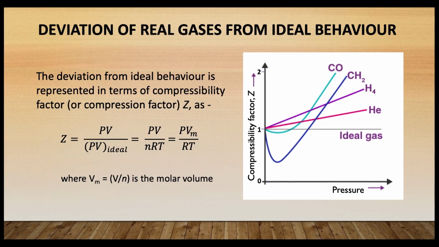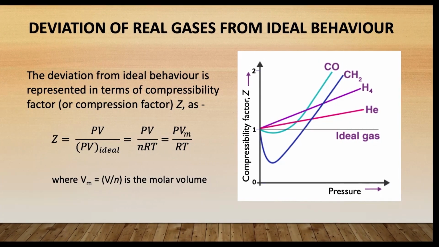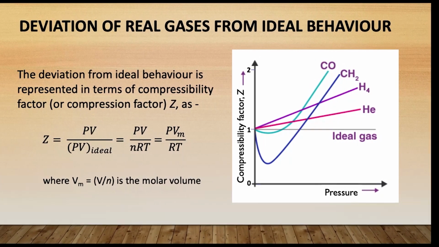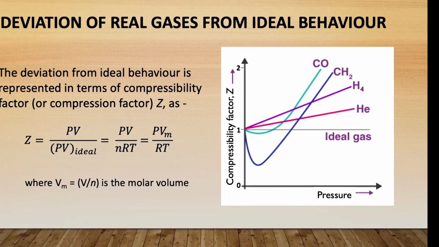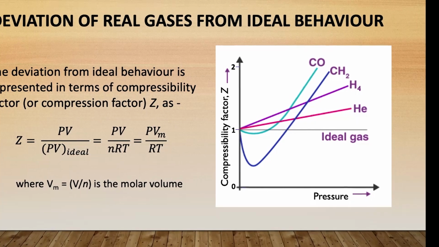It is generally seen that the most easily liquefiable and highly soluble gases show much greater deviations from being an ideal gas. Thus, we could say that, for example, carbon dioxide, sulfur dioxide and ammonia are some examples that show greater deviation than when compared to gases like hydrogen, oxygen and nitrogen.